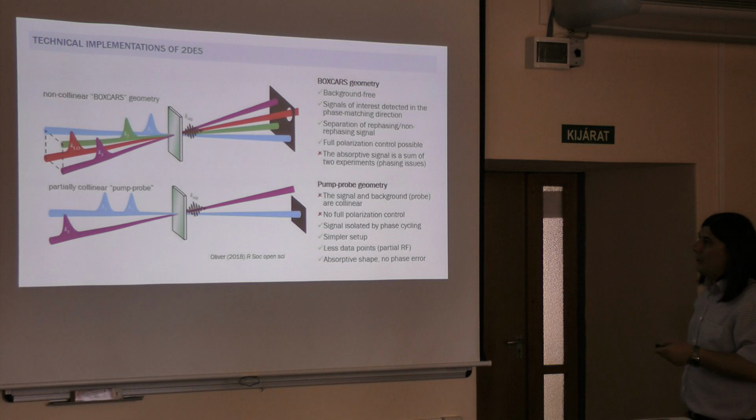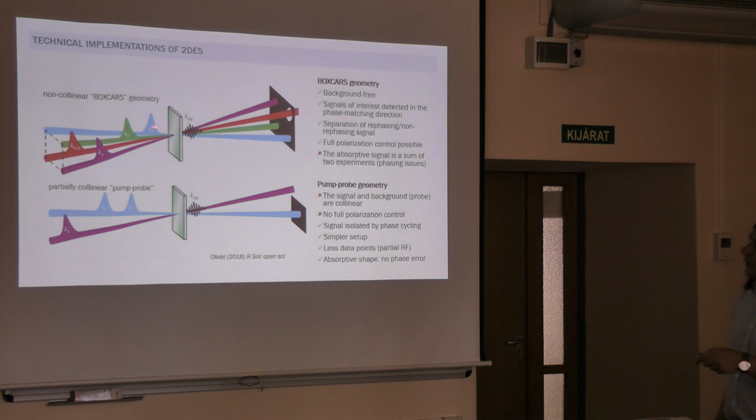The non-collinear and collinear geometry. The non-collinear, or also called boxcars, is where you have fully non-collinear geometry, all the 3 laser pulses are non-collinear, coming from different directions and different incident angles on the sample.